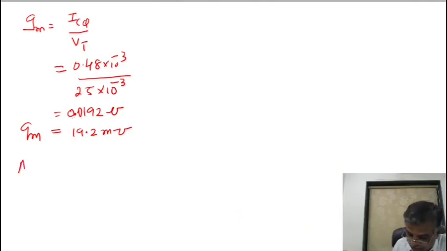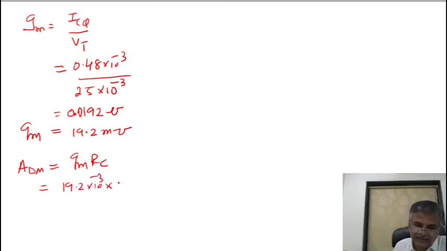So your ADM is nothing but minus GM RC. I am not putting the minus sign for now. So 19.2 into 10 raised to minus 3. RC they have given as 2 kilo ohms, 2 into 10 raised to 3. So I can write this as 38.4.